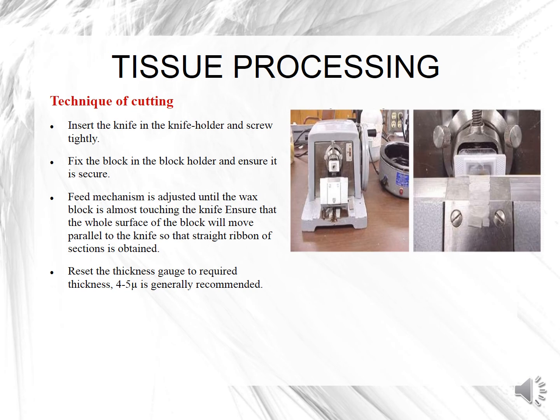This is important because for microtomy, for histological slides, the ribbon must be straight. Reset the thickness gauge to the required thickness of 4 to 5 microns or 2 to 3 microns, depending upon the thickness of the material or the tissue. The thickness depends upon this.